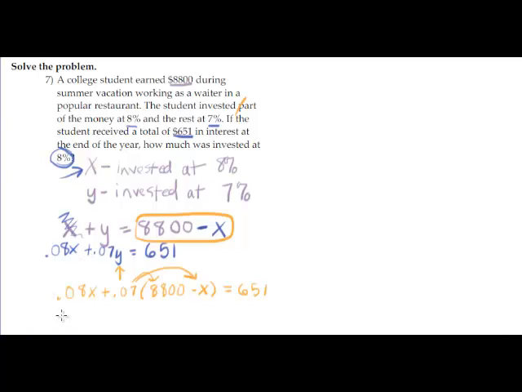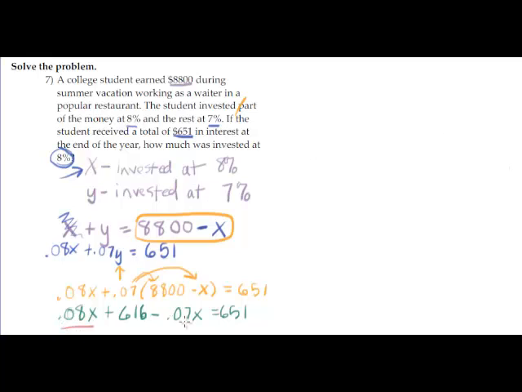So we have 0.08x plus 0.07 times 8800 is 616. 0.07 times negative x is negative 0.07x equals 651.